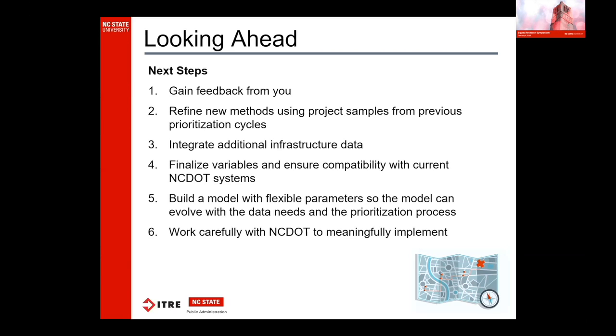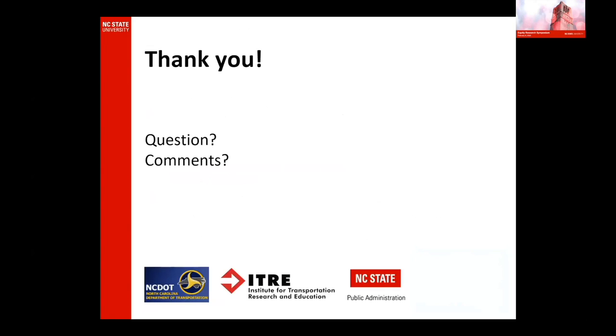We've been working on this project because we're excited about what it could mean for how NCDOT can prioritize equity in the future. Access to critical transportation infrastructure for the communities that need it should be reflected in our scoring processes. Thank you for listening and engaging, and we'll pause now for questions and comments.